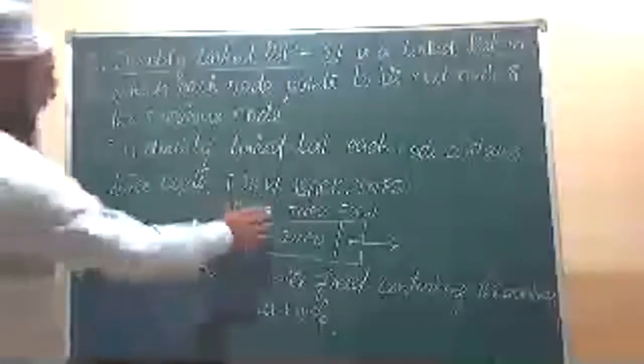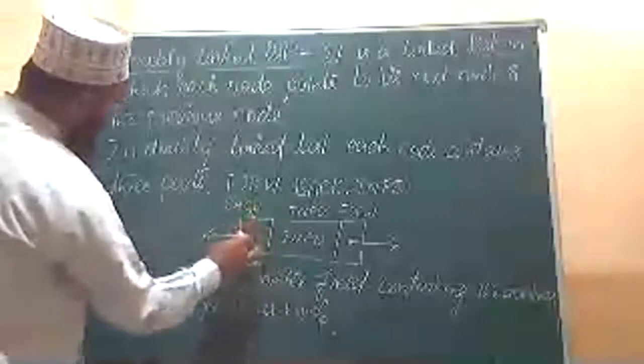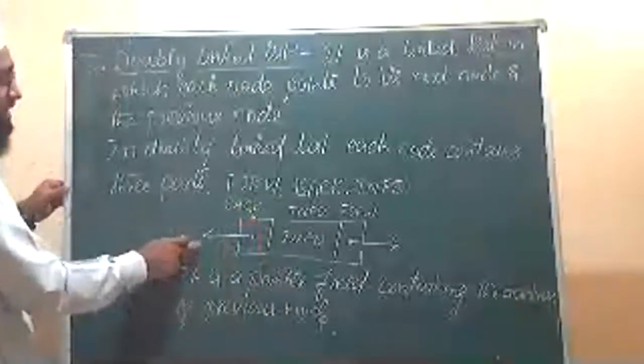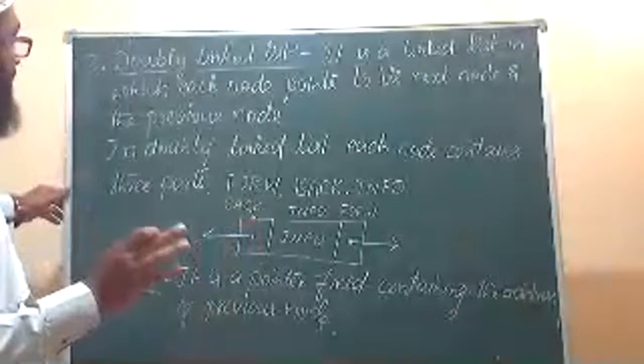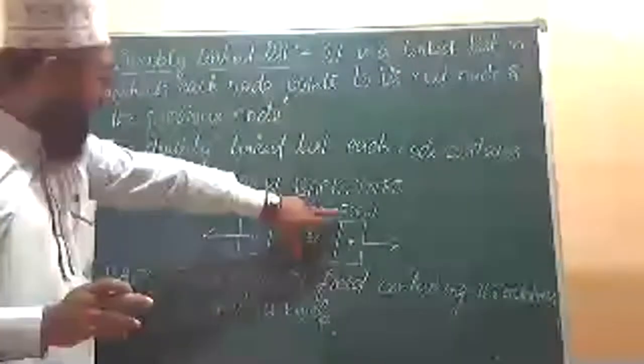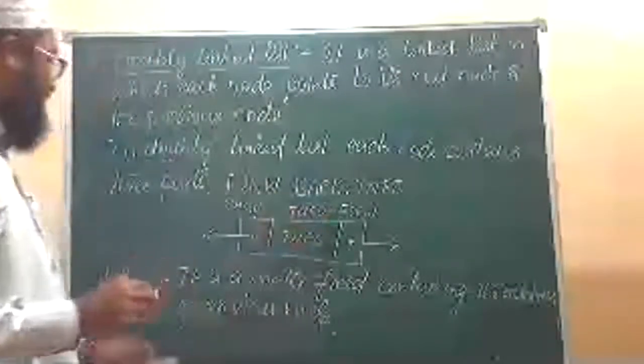This back field contains the address of the previous node. Next we shall see what is meant by forward.